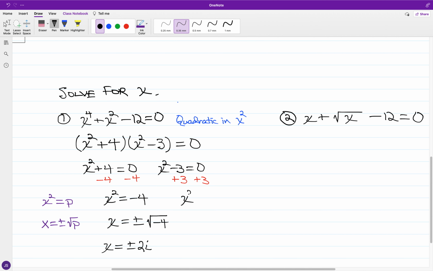And 3 is not a perfect square number, so we have a couple of irrational real roots, positive and negative square root of 3. And so for the solutions here, we have 2i and negative 2i, as well as the square root of 3 and the negative of the square root of 3.